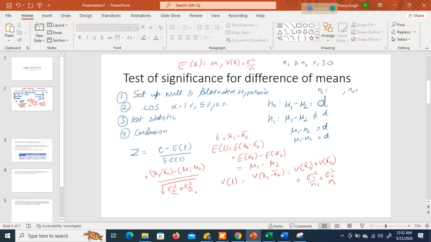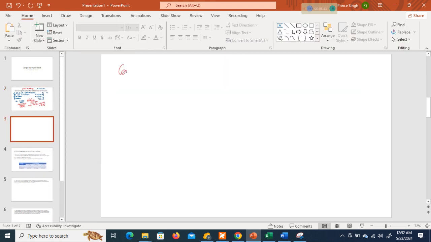Case number 1 is if both samples have been drawn from the same population and the population standard deviation is known. In that case our assumption is that sigma 1 square equals sigma 2 square equals sigma square.